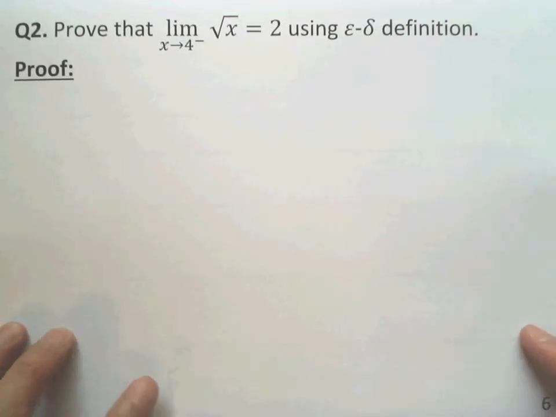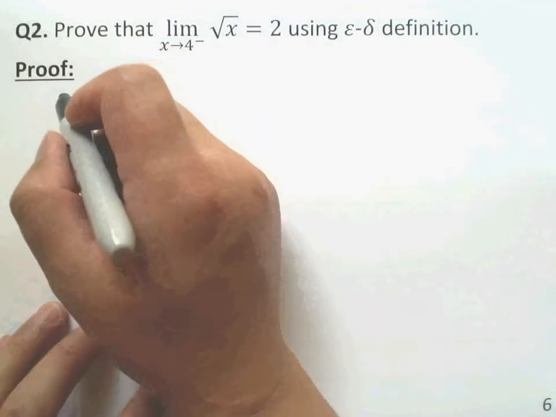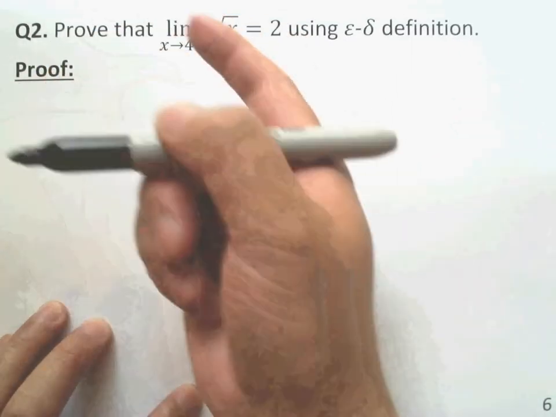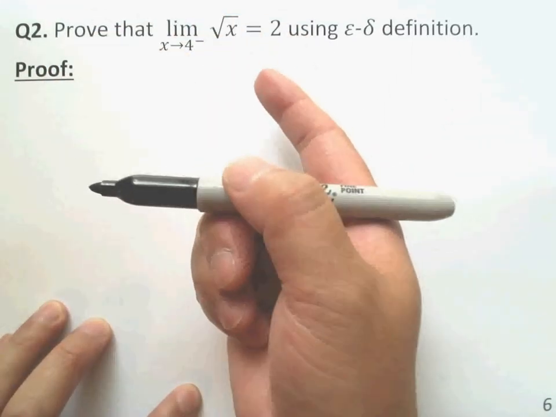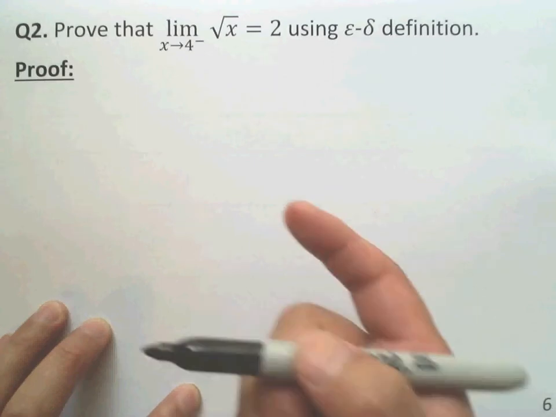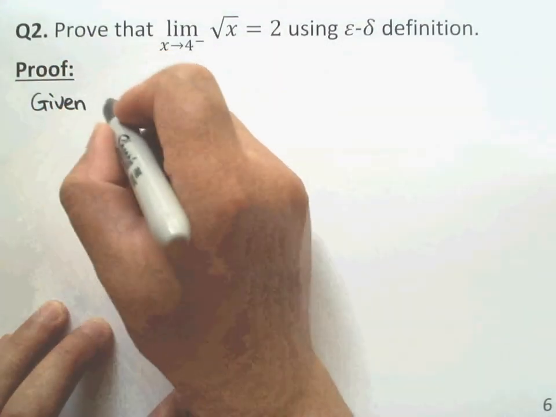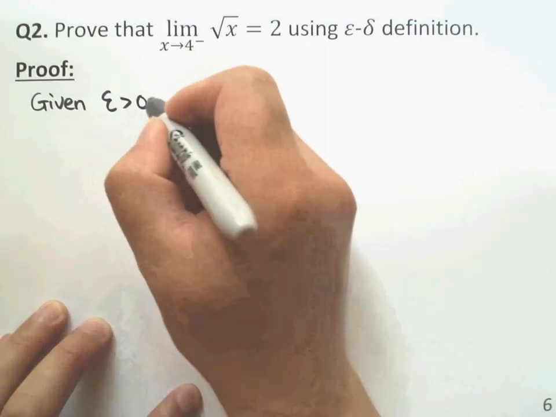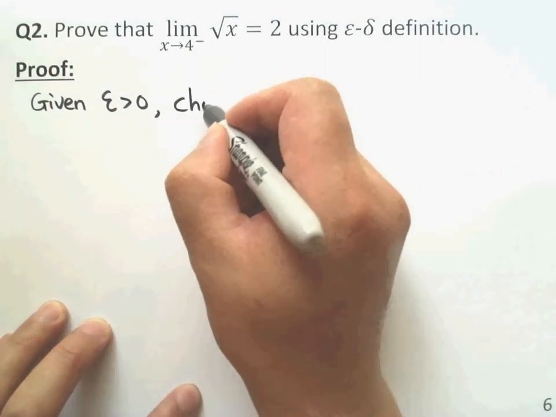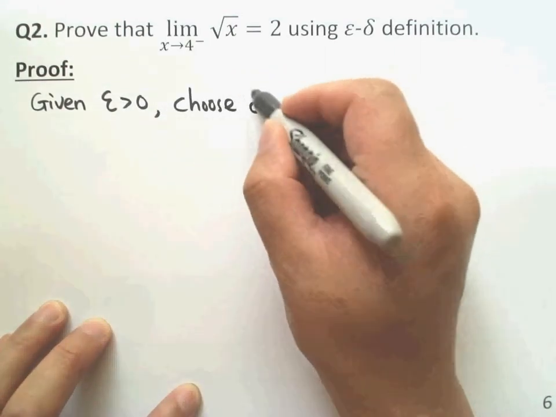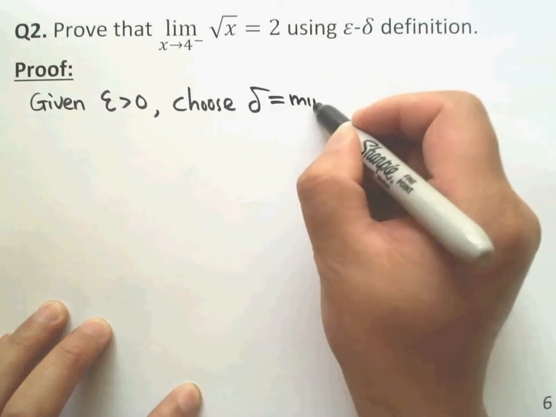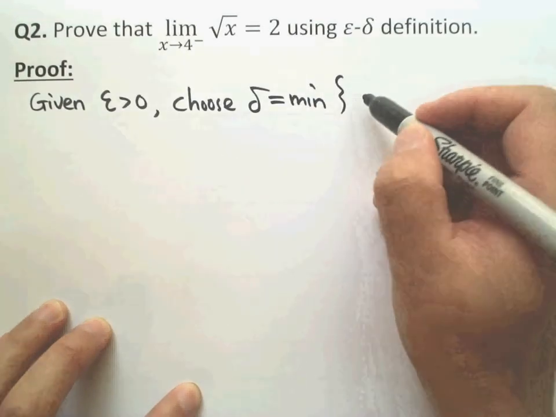Can you see? Okay, so now what do we find? How to write down the same structure? Given any epsilon, we choose delta and then make the statement true. So, given any epsilon greater than 0, we already found delta equals how many?